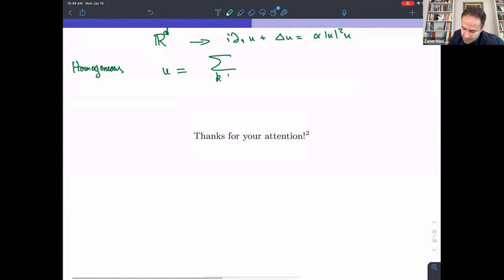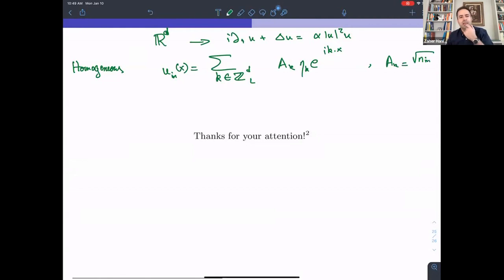We sum over k in Z^d_L of A_k e^{ik·x} for the initial data. The A_k are random, randomized by some eta_k, and A_k is the square root of an initial datum for the kinetic equation.